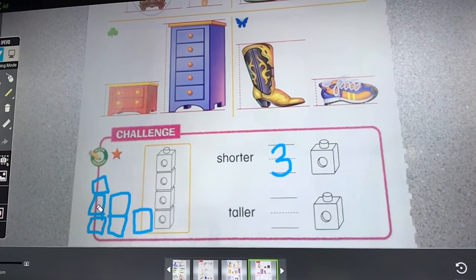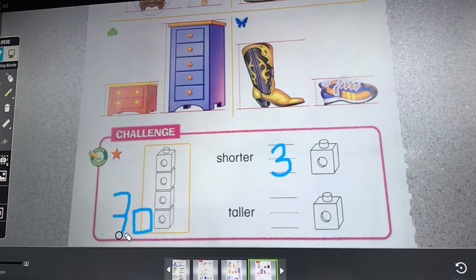Okay, now down below it wants us to do a tower that is taller than the one that they have. So keep your tower with the 4. Remember, we're not going to touch that one. Use the rest of your blocks to make a tower that is taller than this tower with 4.